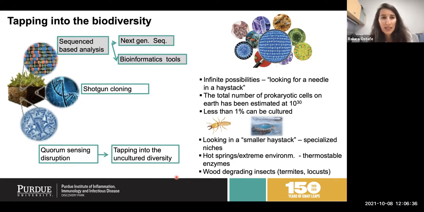It is actually estimated that less than 1% of the microbes from any environment can be cultured in laboratory conditions, and by using quorum sensing disruption methods, we can actually increase that number.